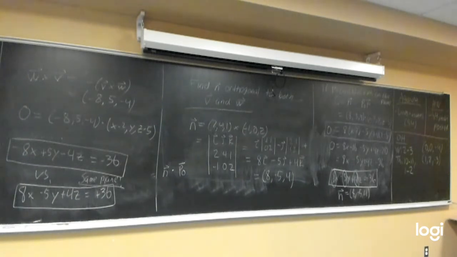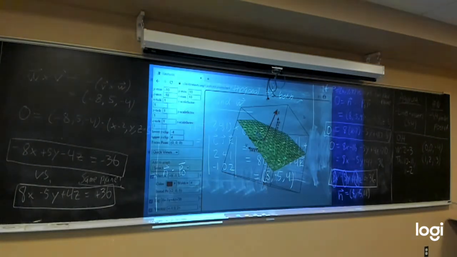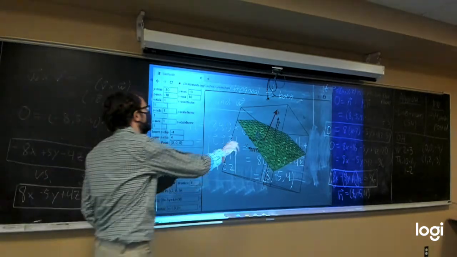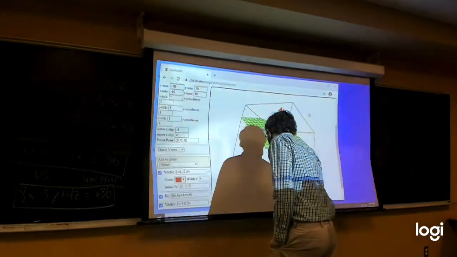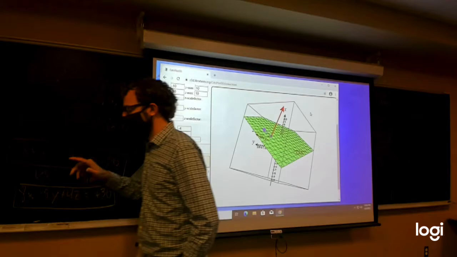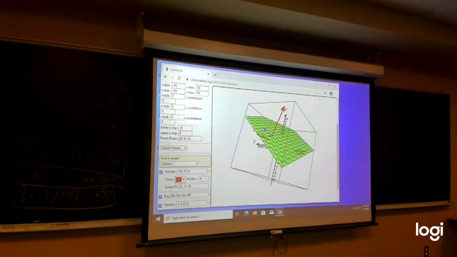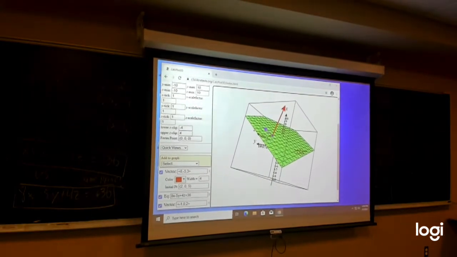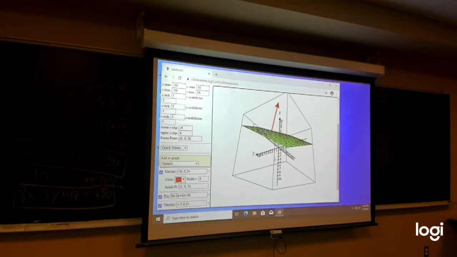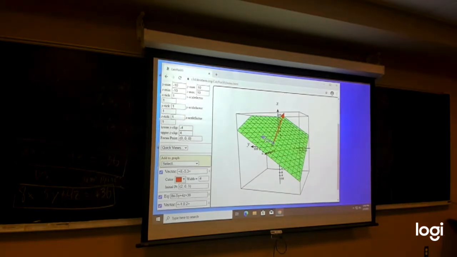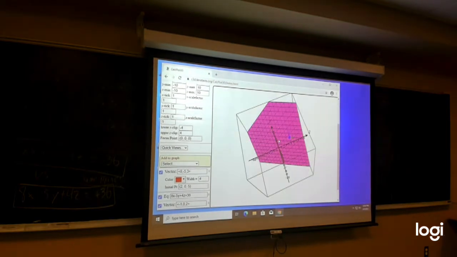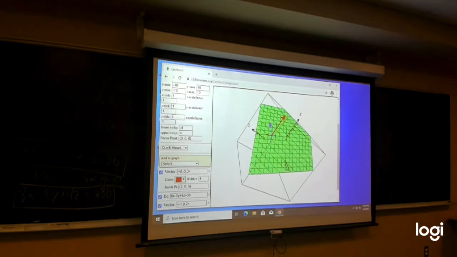If we were to look at a graph, let me turn this back on for a second. If we were to look graphically at what's going on, here is V and W, and one's hiding underneath, oh no, here it is.